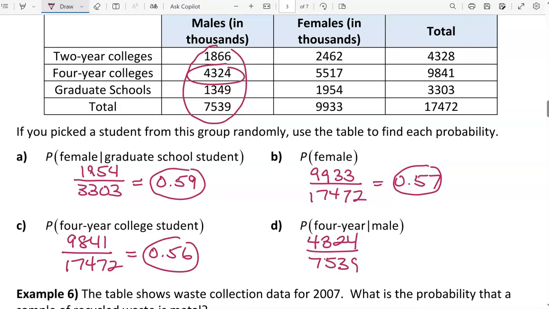Let's convert that to a decimal. 4,324 divided by 7,539, Control Enter for a decimal, is about 57%. So we can see that for male students, it's a little bit more likely that they are a four-year college student.